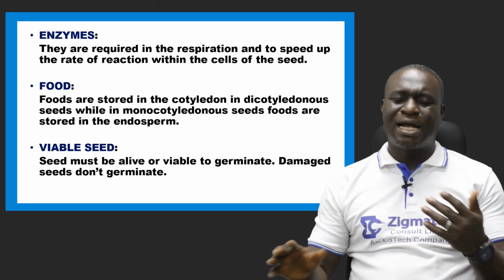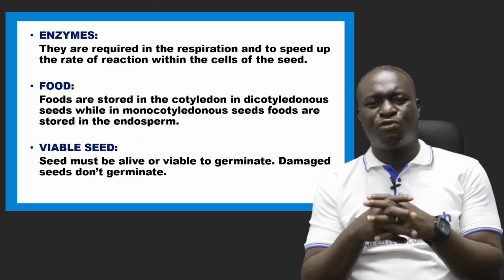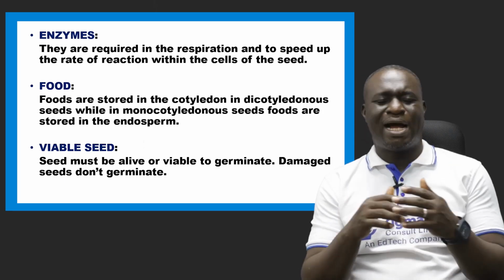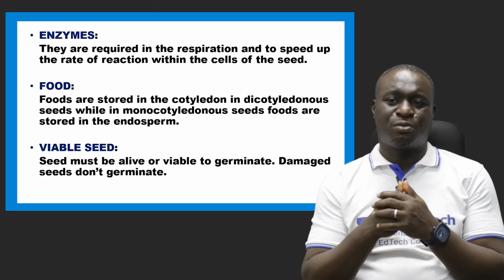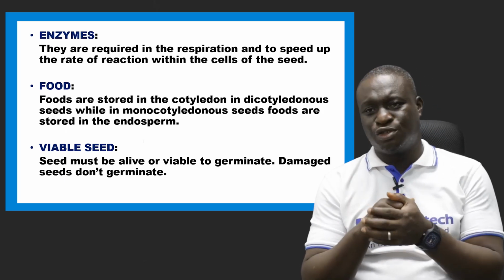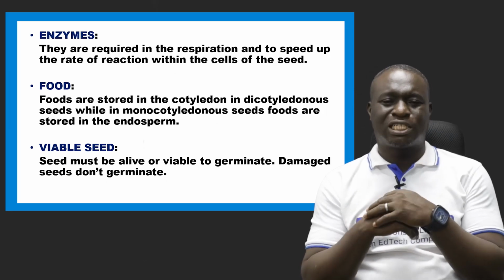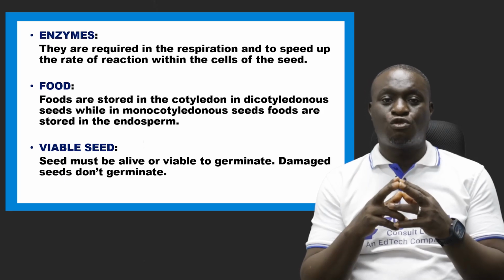Energy. Other conditions that are necessary for germination to take place, we have enzymes. Now, these enzymes are required in respiration, and also to speed up the rate of reactions within the cells of the seeds. And of course, another condition is food.